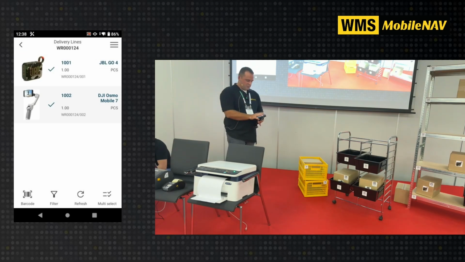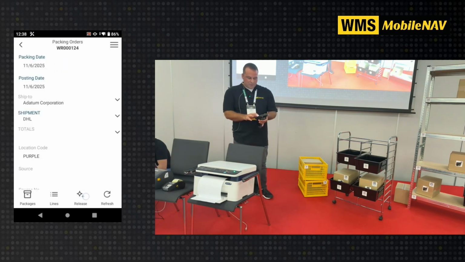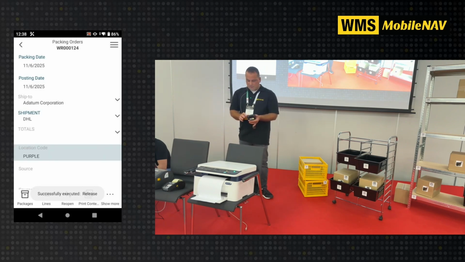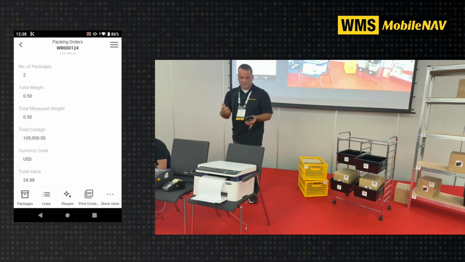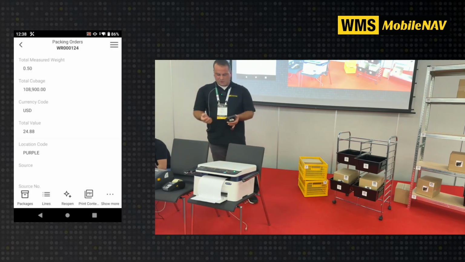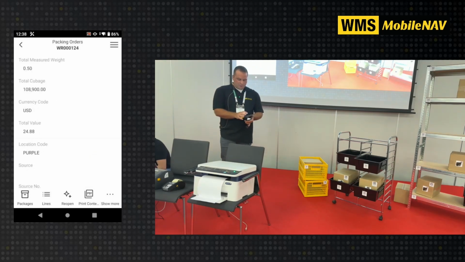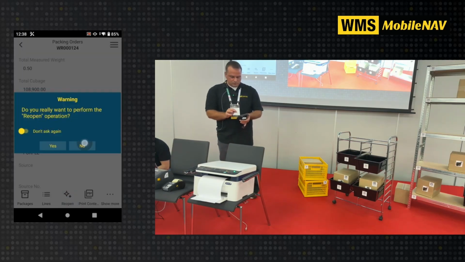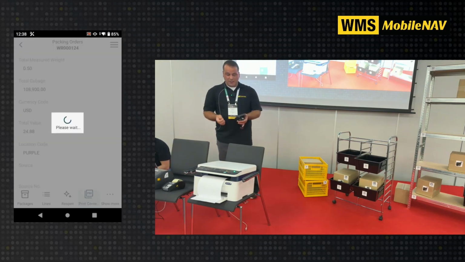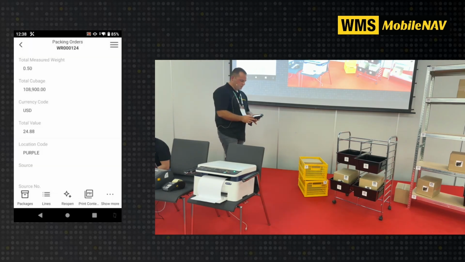All of them have a check mark now, so I can press the release button. As I press the release button, the totals are calculated, so the number of packages, their weights, their dimensions, and their value are calculated by the system. So let's print out a package content document.